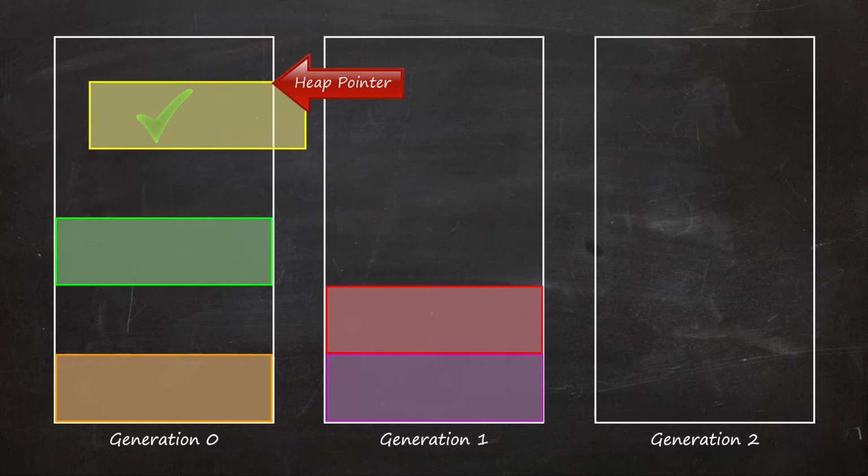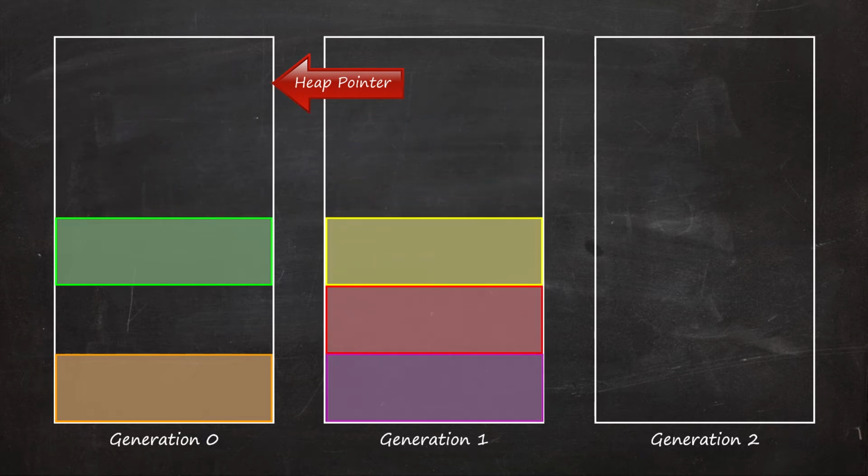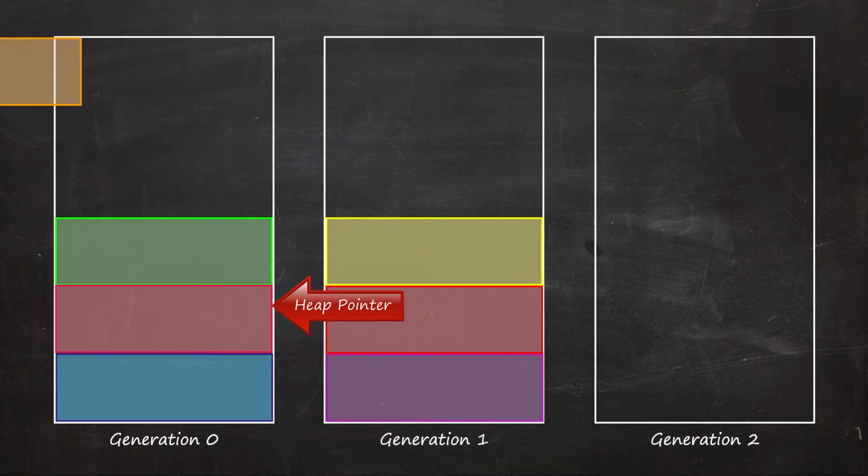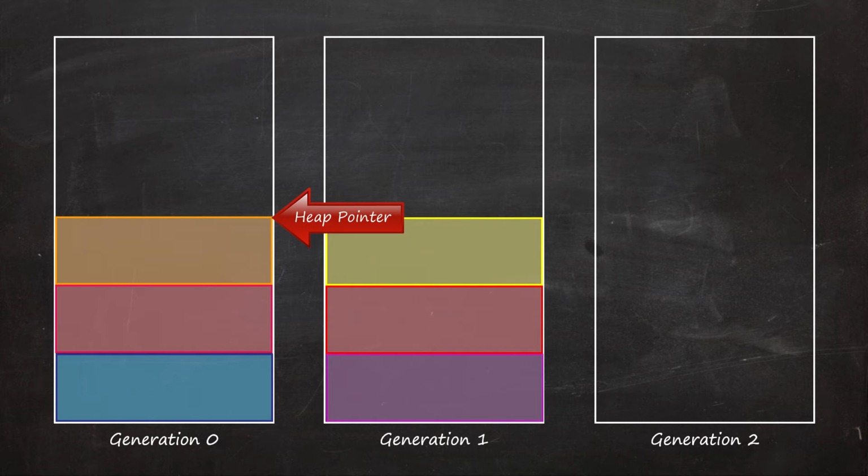And then anything that's left on the Generation 0 heap must be unmarked, must be unreachable. But now, to tidy it up, it doesn't have to do anything much at all. It can just pop the heap pointer back down to the bottom of the heap. And therefore, as the heap builds up again, those collected objects will just be stomped over, just like happens on the stack. So that's really, really efficient.